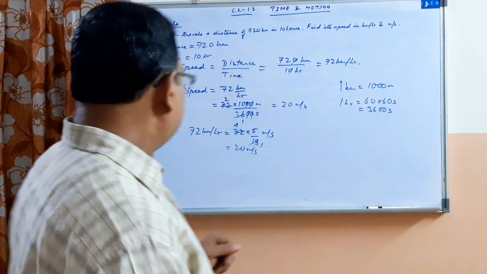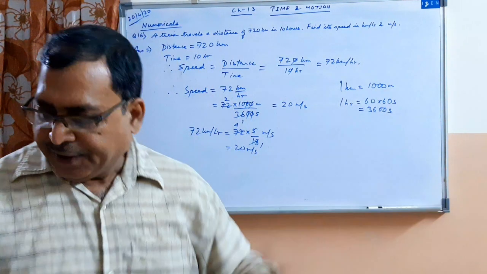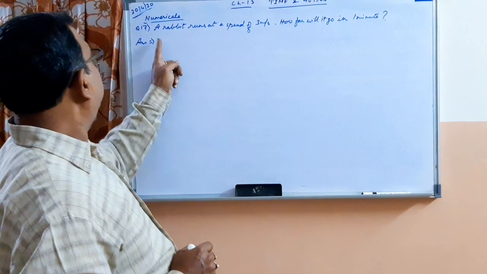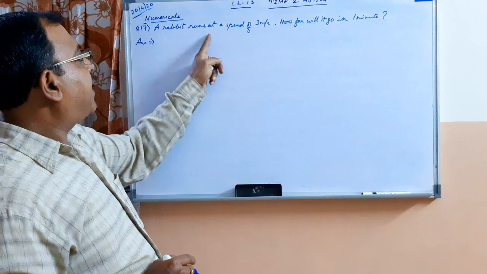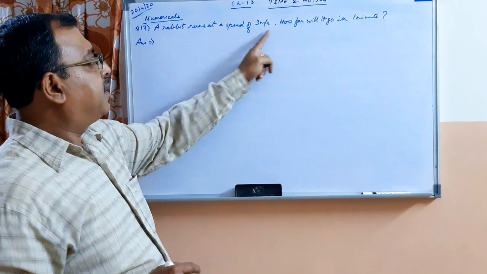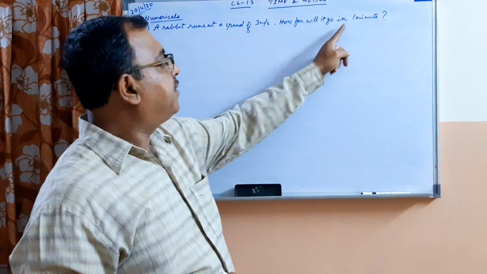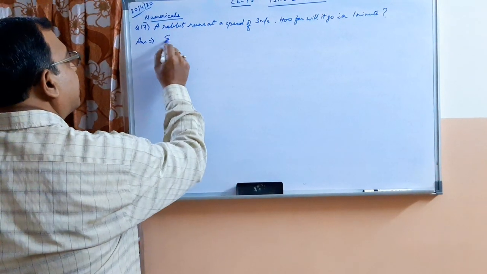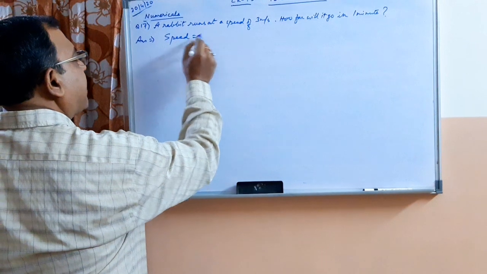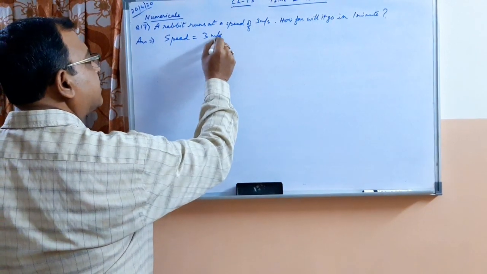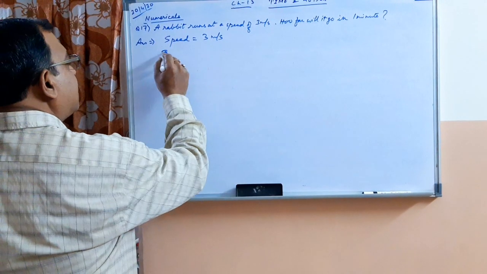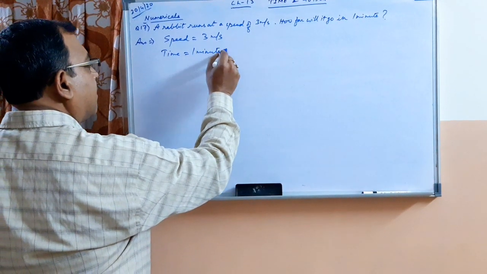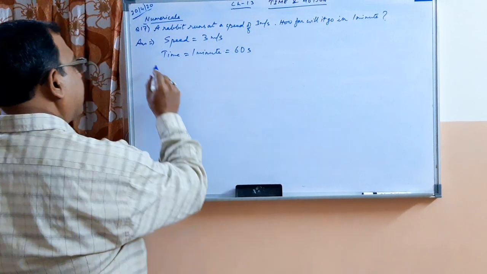So next we come to the second numerical. Okay children, here is the next question, next numerical. A rabbit runs at a speed of 3 meter per second. How far will it go in 1 minute? So here is the answer. First of all, it's given that speed of the rabbit is 3 meter per second. Time given is 1 minute, that is equal to 60 seconds.